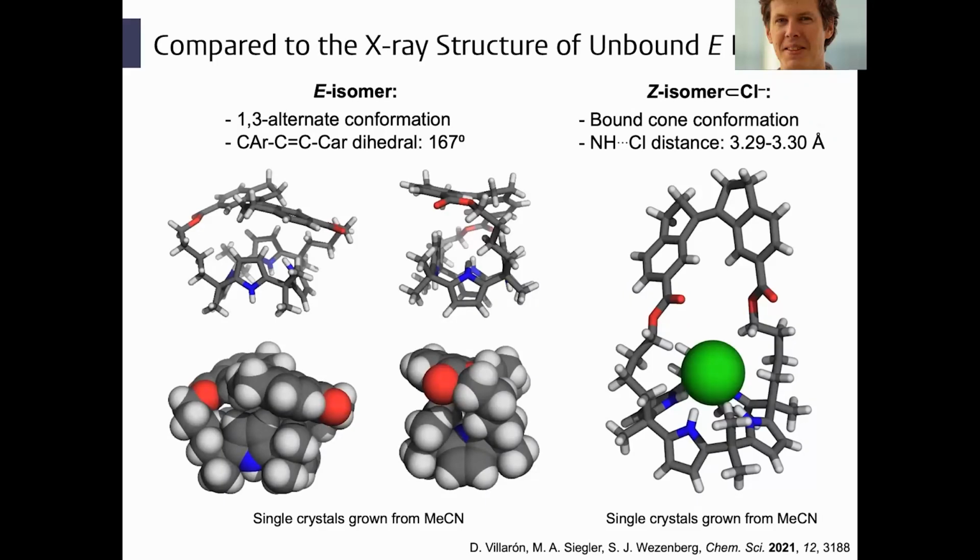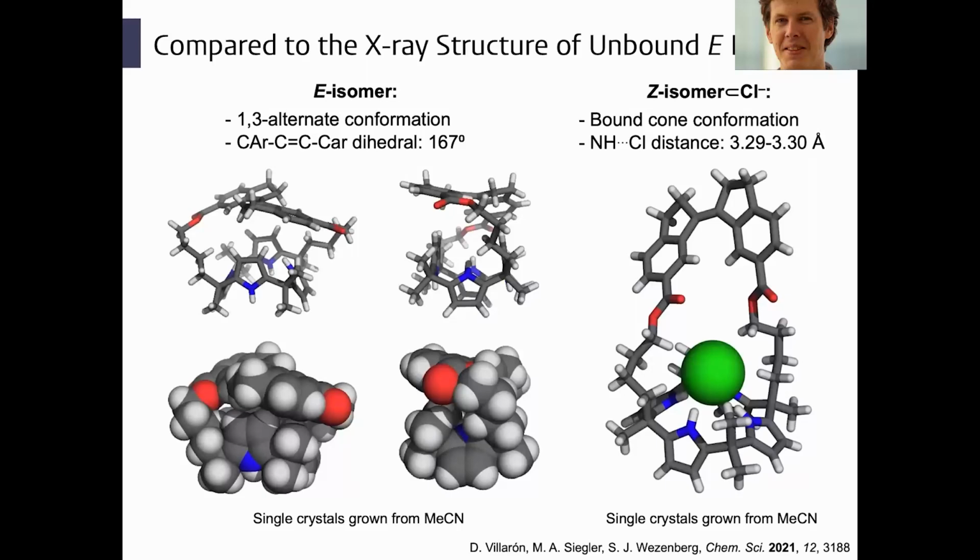But in general, the calixpyrrole prefers to have an alternate conformation in which half of the pyrroles point upward and half downward to minimize the dipole moment. And then upon binding, the binding energy is sufficient to compensate for the energy that this conformational change costs.